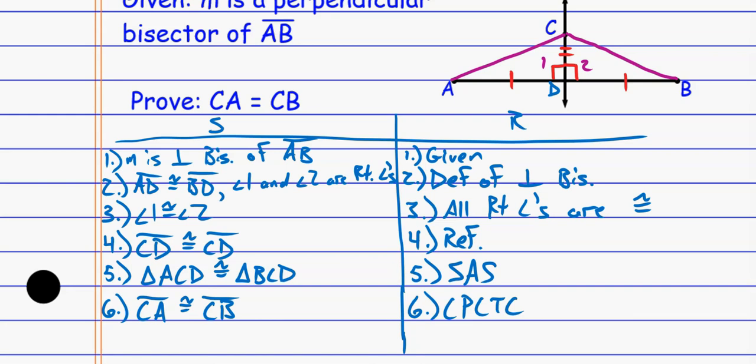And now here's the thing, that's what it means to be congruent: the two lengths are the same. So now I can say that CA is equal to CB. Yeah, that's one of those technicality type of steps, but that's the definition of things being congruent. If the shapes are the same, it means their lengths are equal.